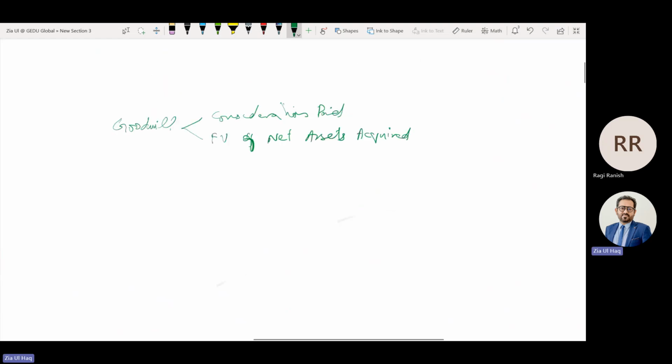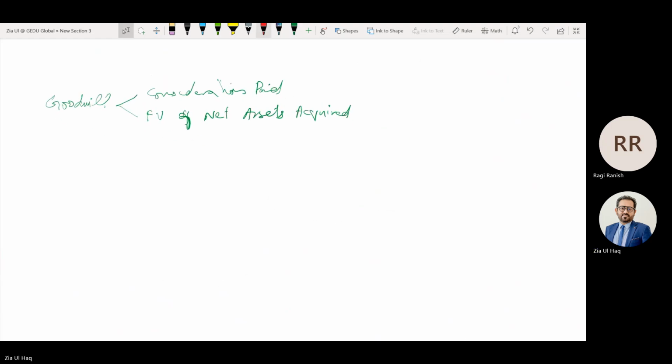How can we verify goodwill? We need to verify consideration paid, and we need to verify fair value of net assets acquired. First, how to verify consideration paid?